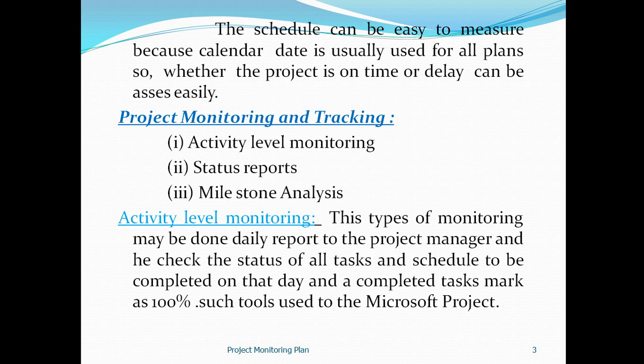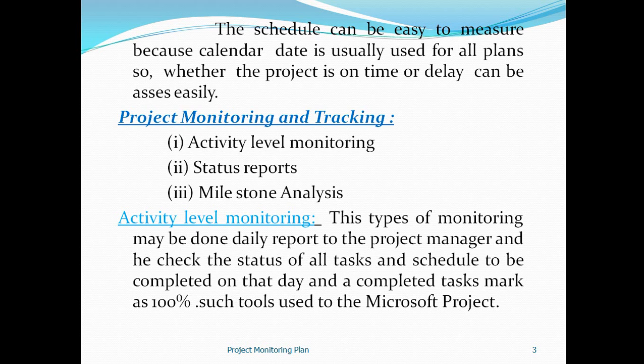There are three activities to be followed in the project monitoring plan that are to be discussed here: activity level monitoring, status reports and milestone. Activity level monitoring refers to monitoring the daily report of the project.